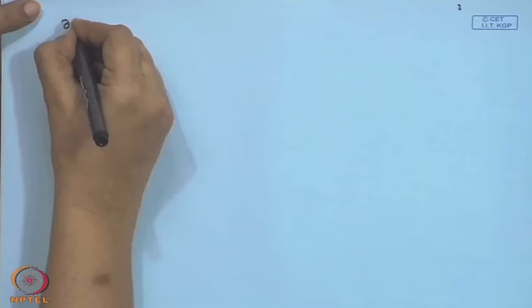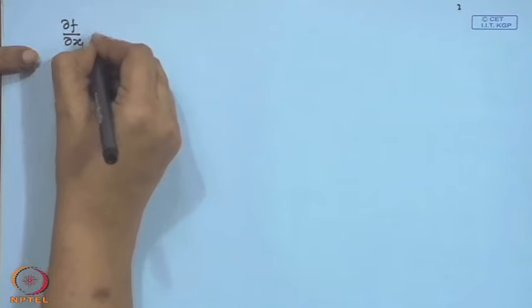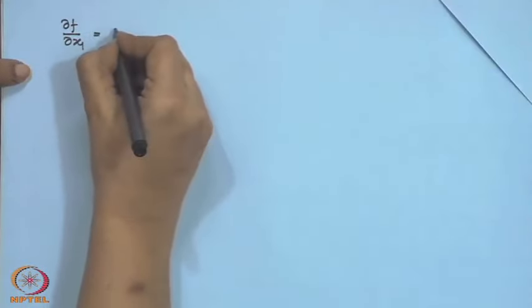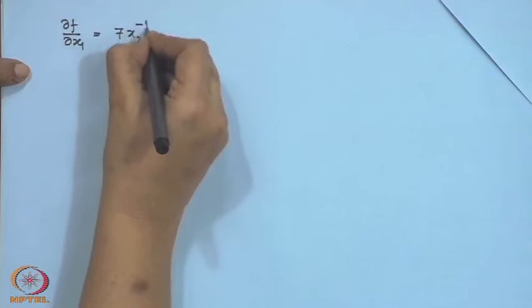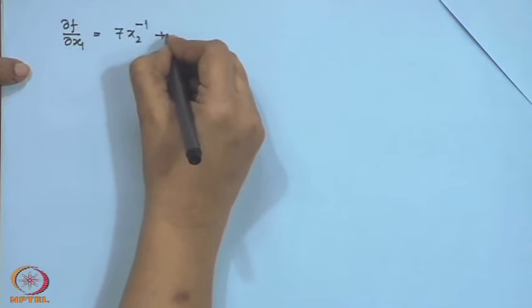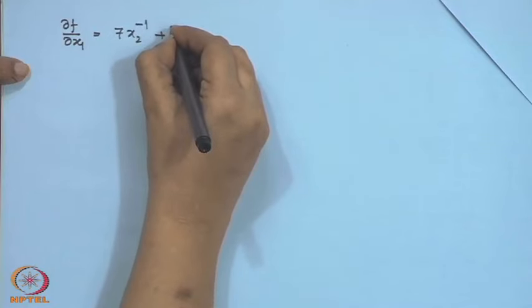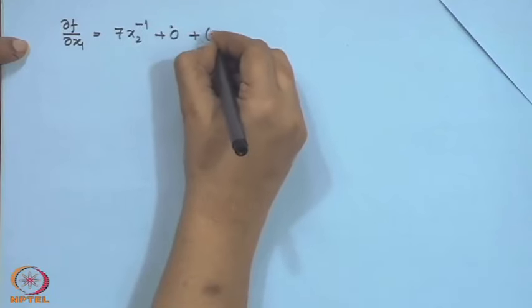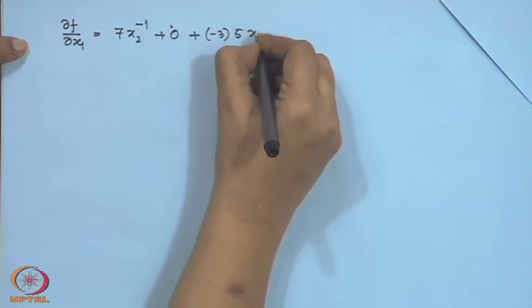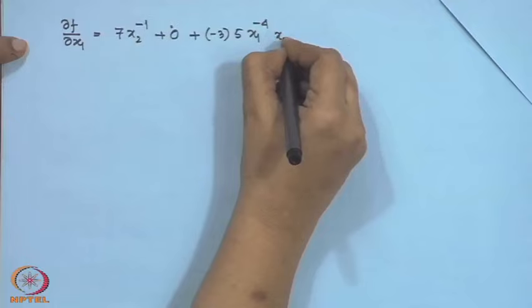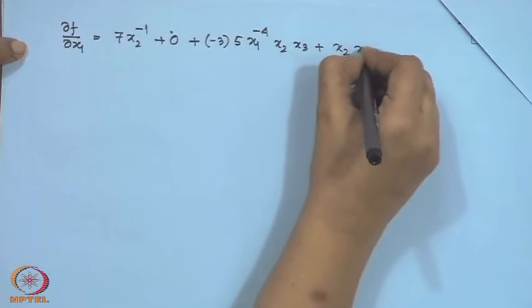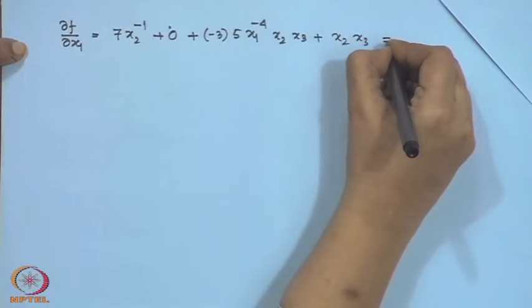We will consider the first-order derivative of f with respect to x1. For the first term, 7 x1 x2 inverse, that would be the corresponding first-order derivative, plus the second term will be 0, the third term minus 3 into 5 x1 to the power minus 4 x2 x3, plus x2 x3, and we equate this to 0.